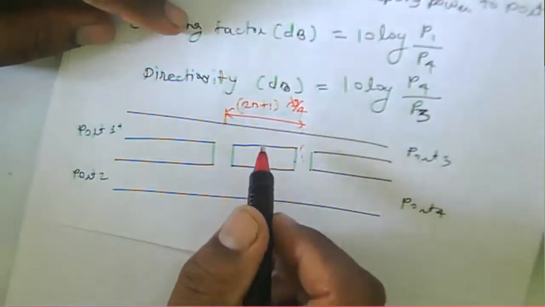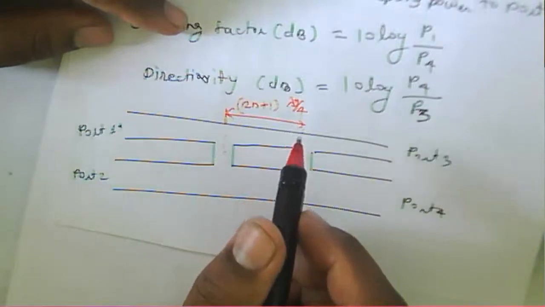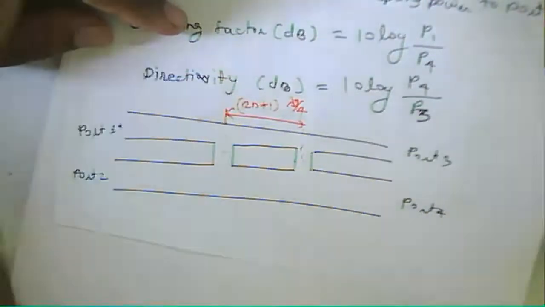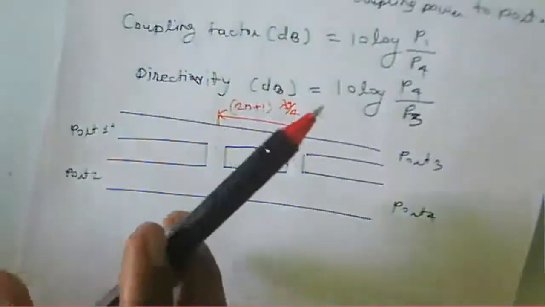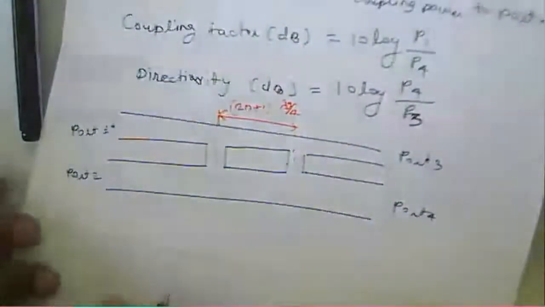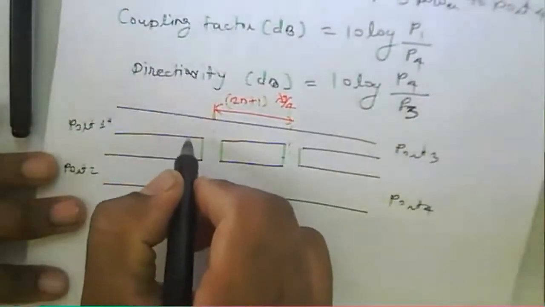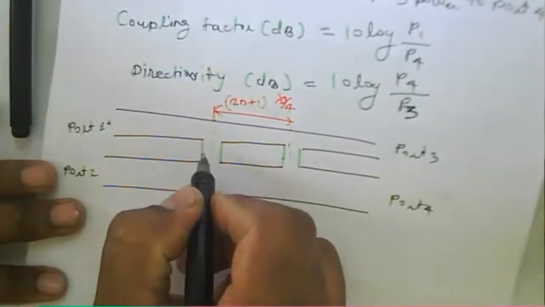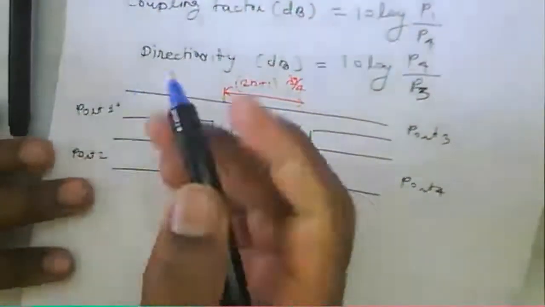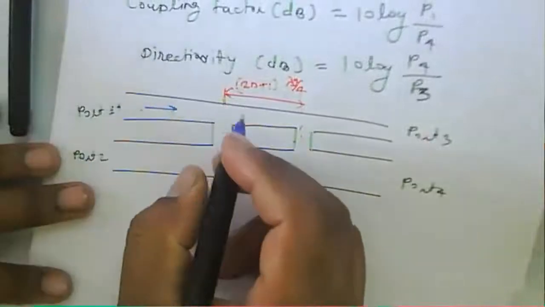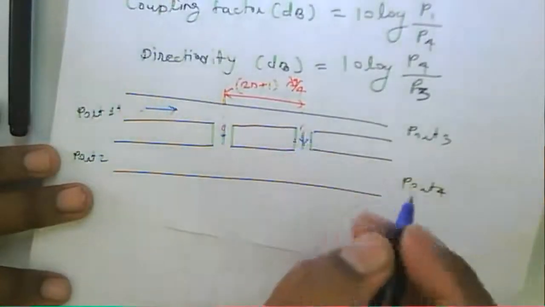That is the guiding wavelength spacing between these two holes. Now n is any positive integer, if we have multiple holes or any factor we consider. Now, when we provide input to port 1, what happens? Consider that we provide the input to port 1. From these holes, your signal propagates.